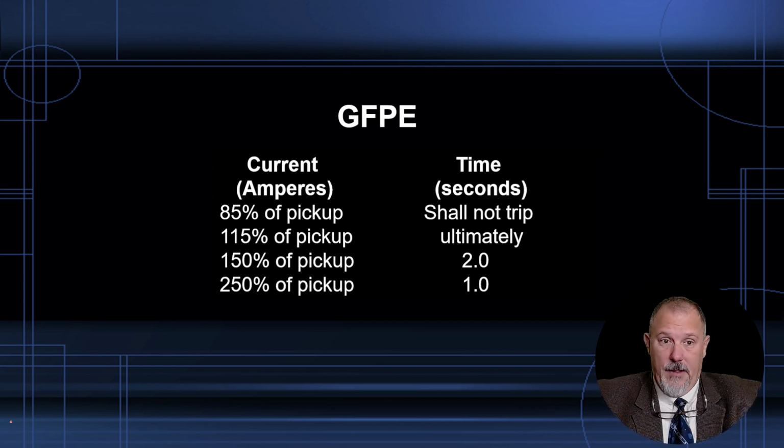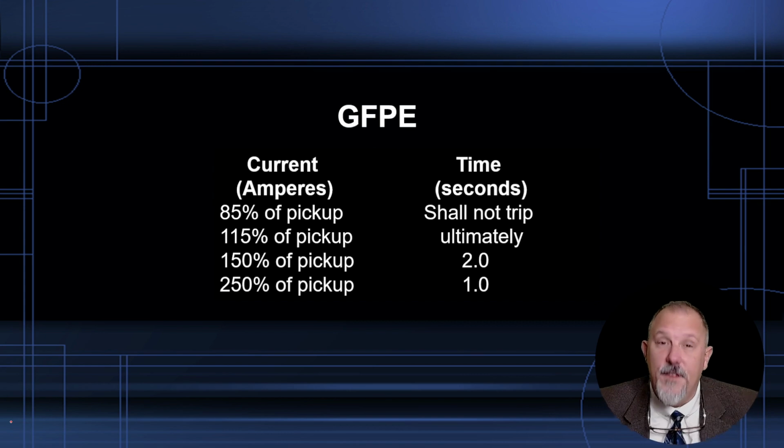So that's 85 milliamps. At 115 milliamps, it has to ultimately trip. Now, what do we mean by ultimately trip? Well, it doesn't mean you're going to go get a burger and fries and come back a few days later and it's going to ultimately trip. It will trip. It has to trip eventually.